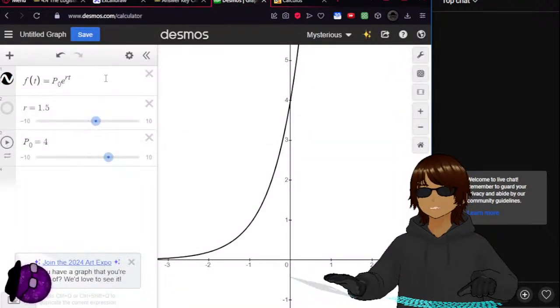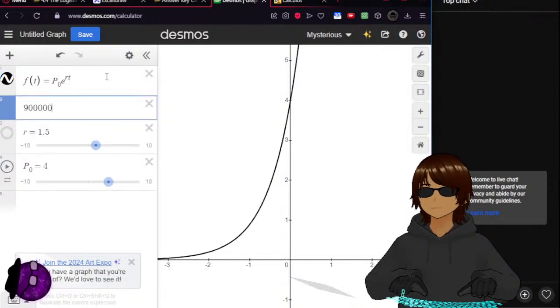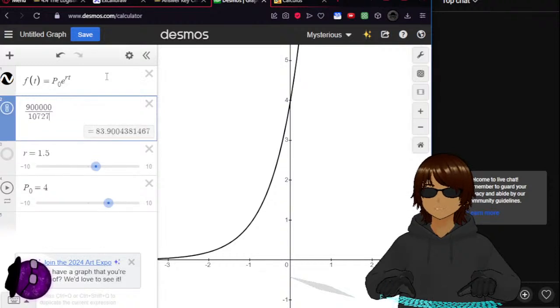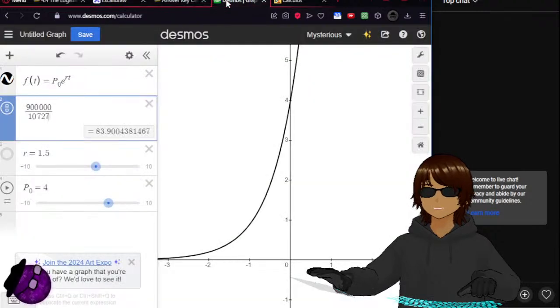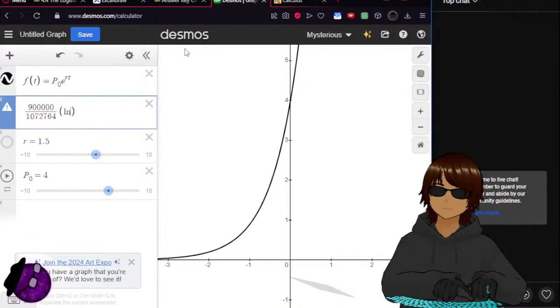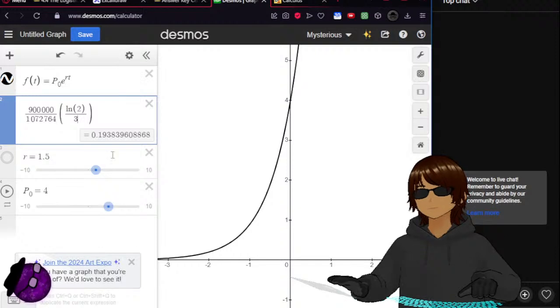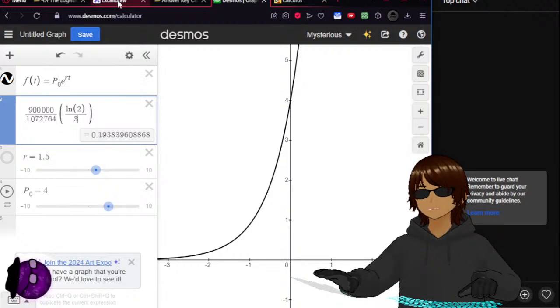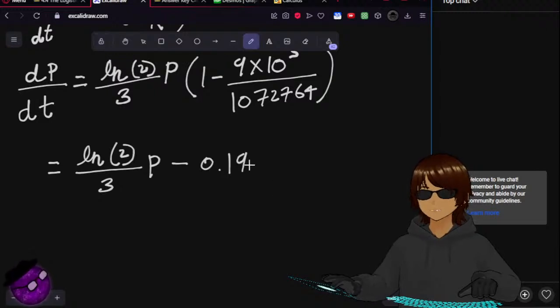And let me find an approximate value for this. 1, 2, 3, 72764 times it by ln of 2 over 3. 0.1938P.